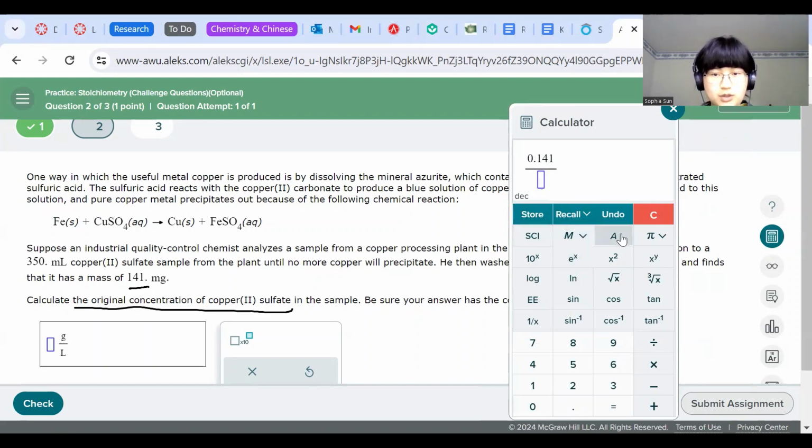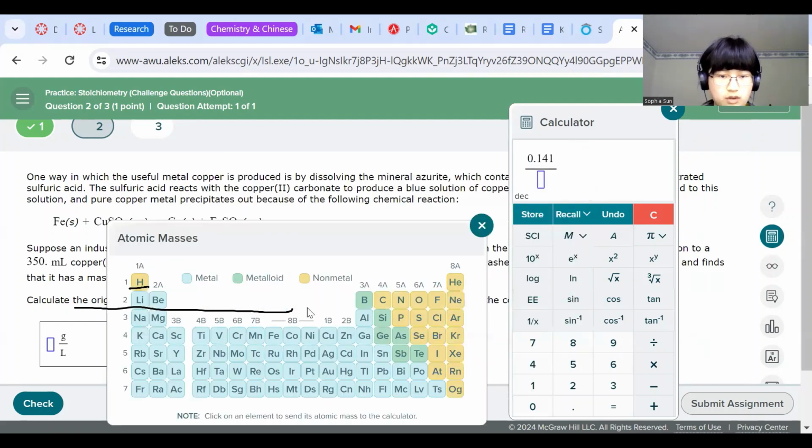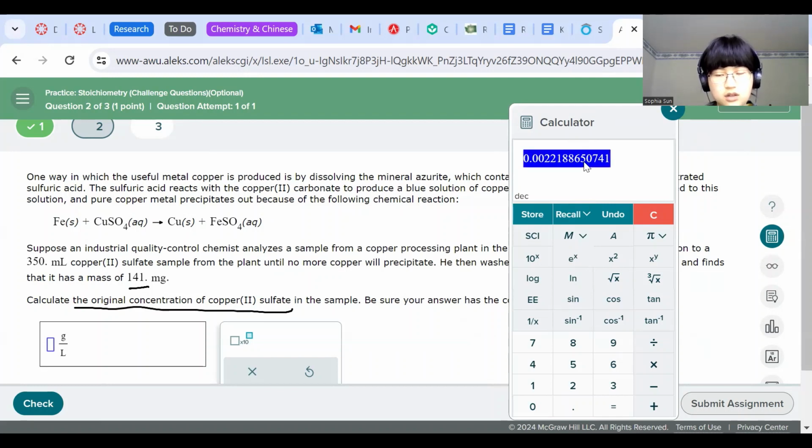So right now I'm just going to be finding the moles of copper by dividing. And then since all of the coefficients in this reaction are 1, we don't need to account for any molar ratios or anything like that. So I'm directly going to divide by 0.350 liters because you have to do that unit conversion. And I will get my molarity of about 6 millimolar.